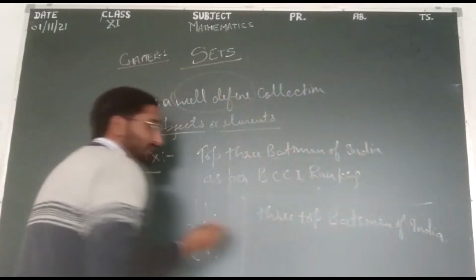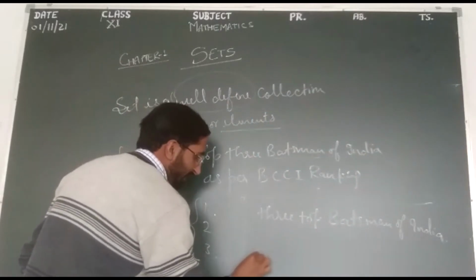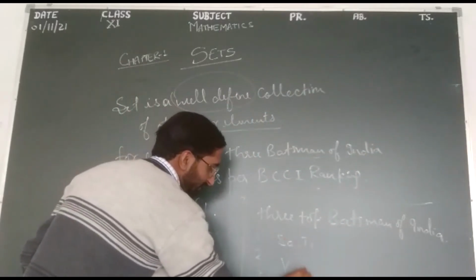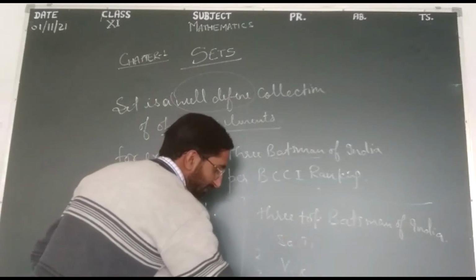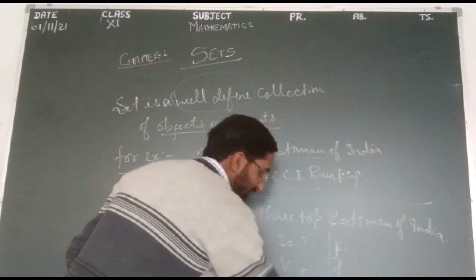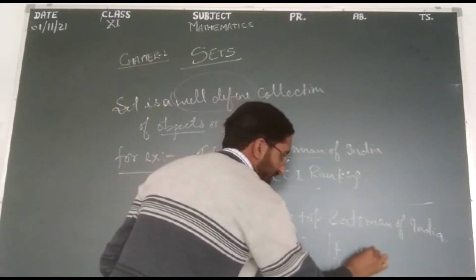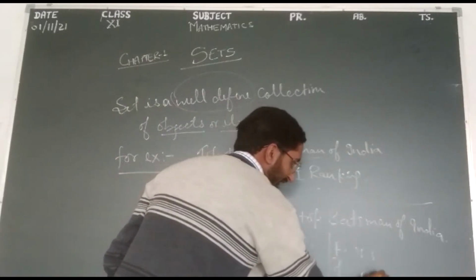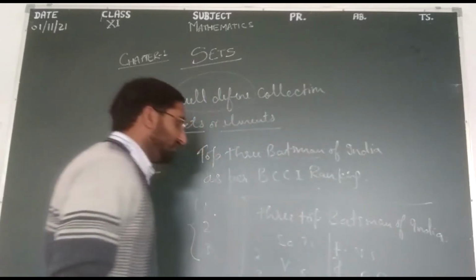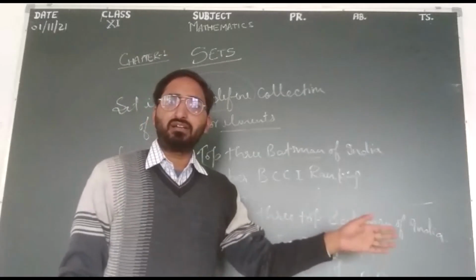As per me, the 3 top batsmen could be Sachin Tendulkar, Virat Kohli, or KL Rahul. But as per you, it could be any 3 different persons, Virendra Sehwag, Rahul Dravid, and let's say Sachin Tendulkar. So these rankings differ from person to person.